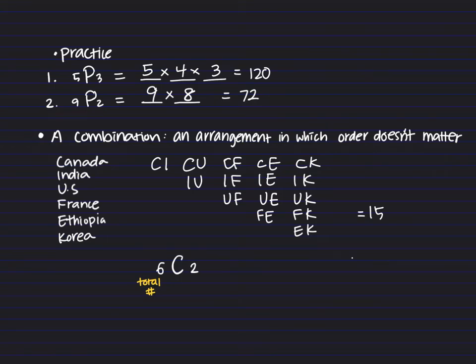You put 2 on the right side. Now, for combination, you're going to actually have 2 different permutations, top and bottom, and it's going to be a fraction. It's going to be a permutation of your total and the chosen number on top, over the permutation of the chosen number, 2, on the bottom.